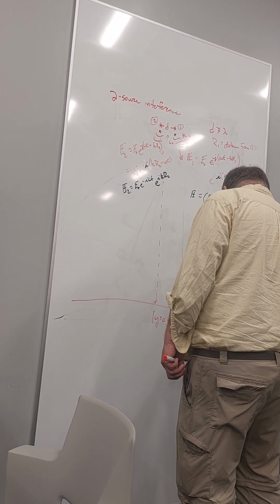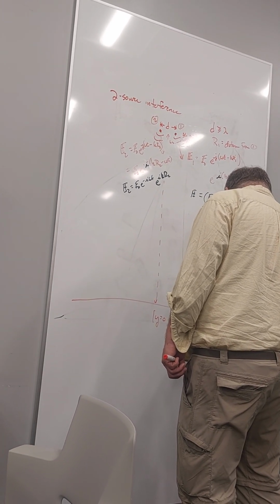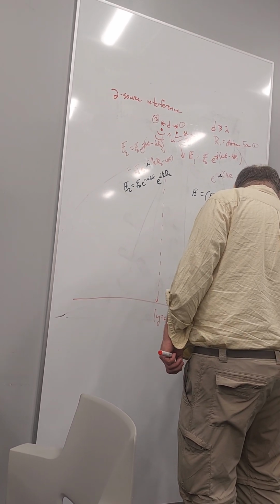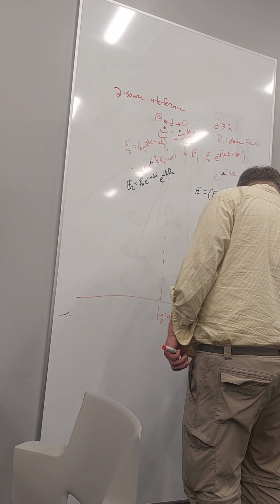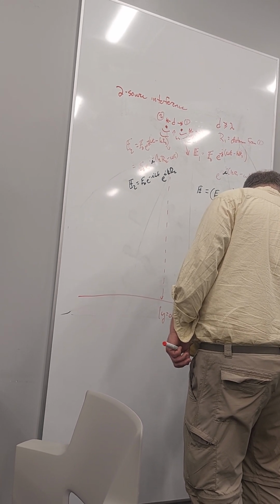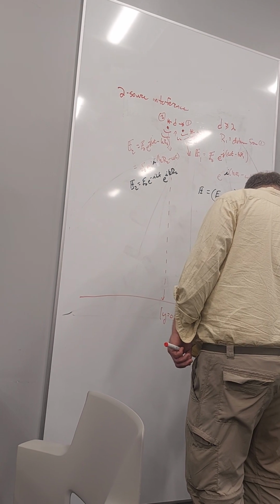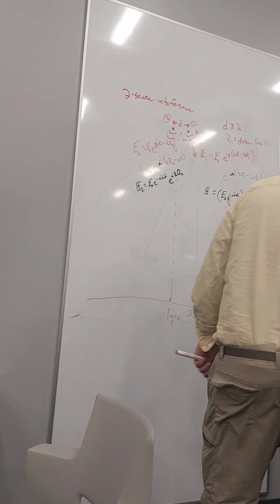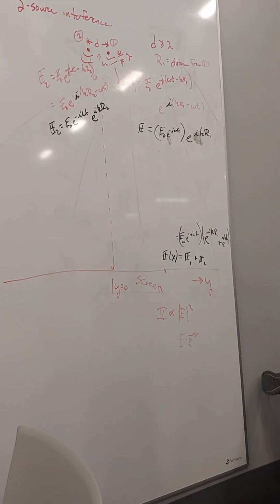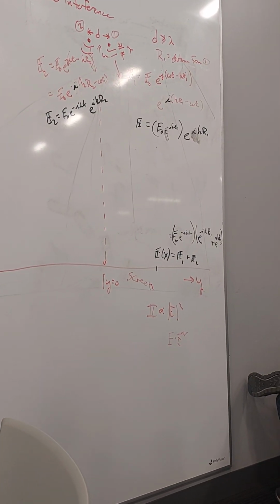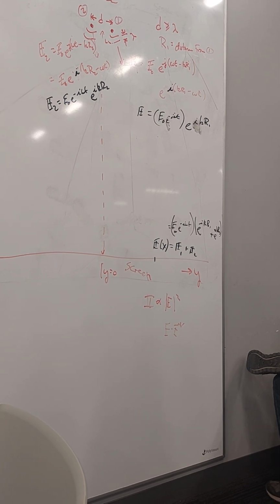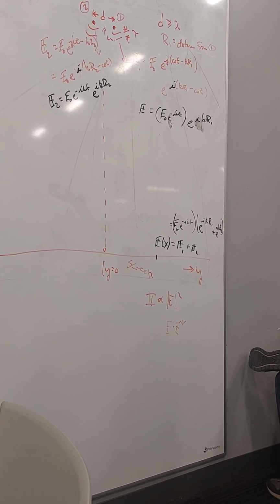That's going to be E0 e to the minus i omega t, which is going to go away eventually, times e to the i k r1 plus e to the i k r2. Okay? That make sense? All right, and that's easy enough. This is just going to be algebra at this point.